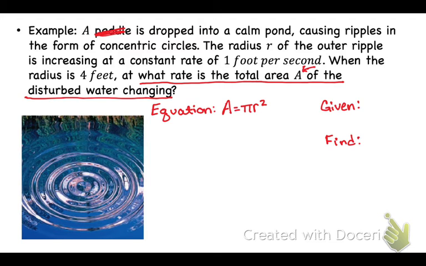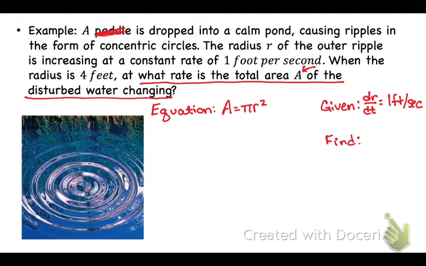So that's a given. Radius changing, so that would be dr dt, because that's change. Why is it r? Because it's radius. And why is it t? Time.